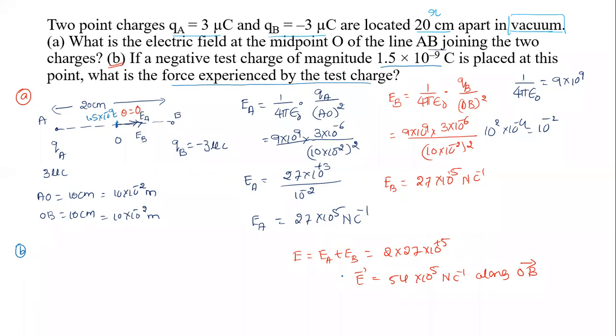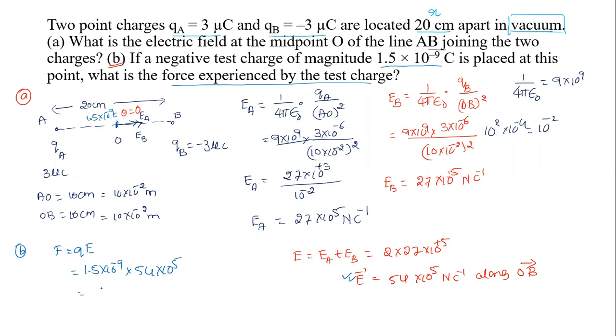Now we got to know the electric field here. Can we use force equal to charge multiplied by electric field? So now the charge is 1.5 into 10 power minus 9, into the electric field we got, 54 into 10 power 5. Okay, so tell me now, what answer do you get?